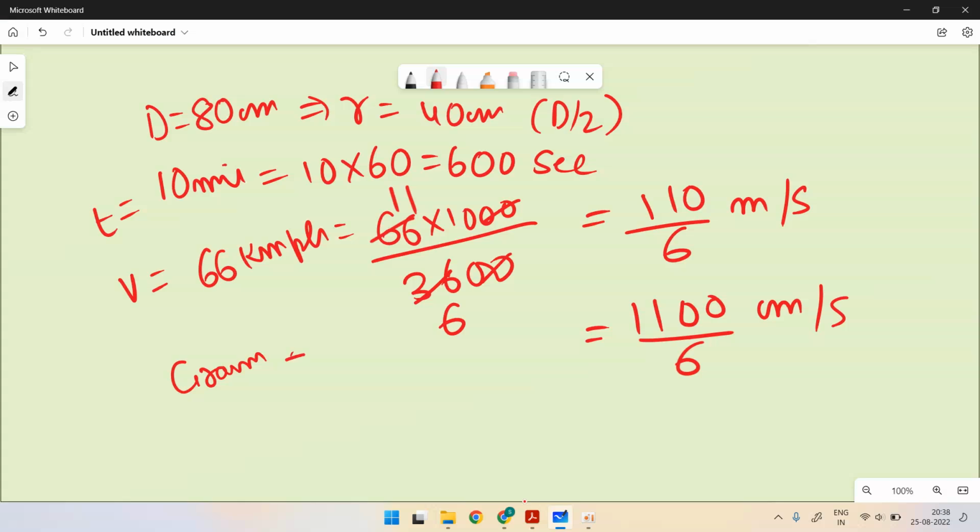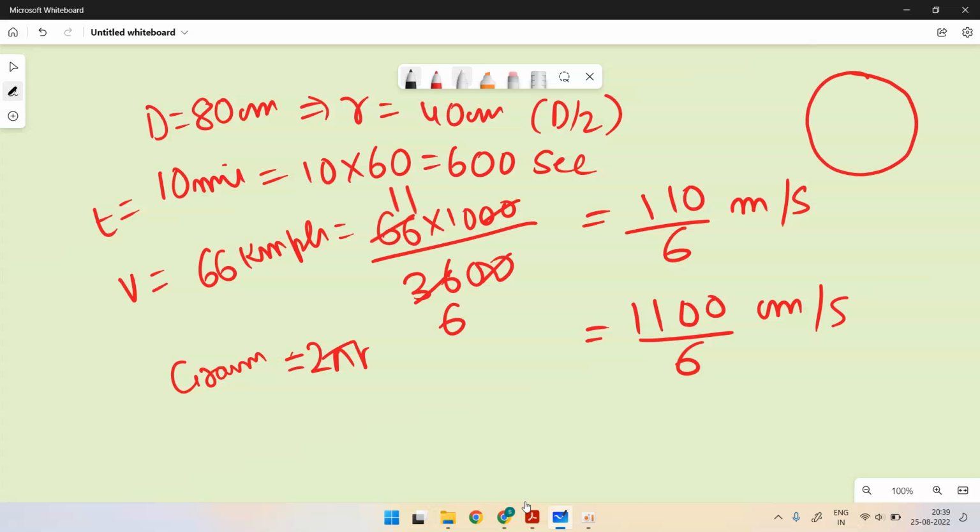Circumference is 2 pi r, and the whole wheel revolves. So one revolution is 2 pi r. So the total number of revolutions will be n into 2 pi r. And the time you are given is 600 seconds.